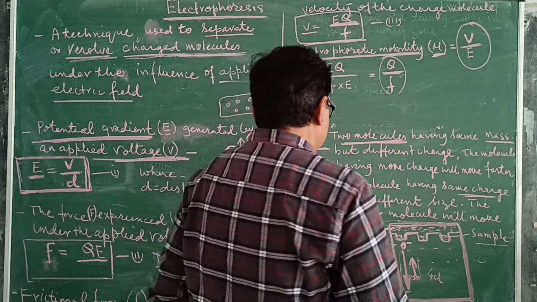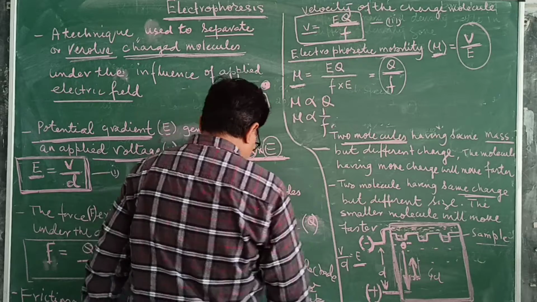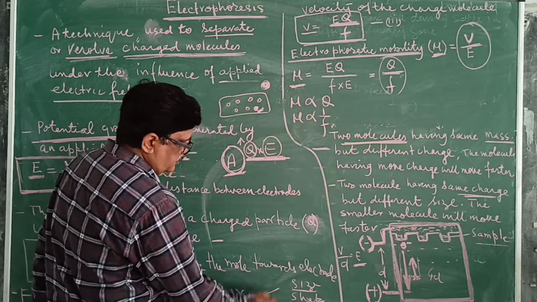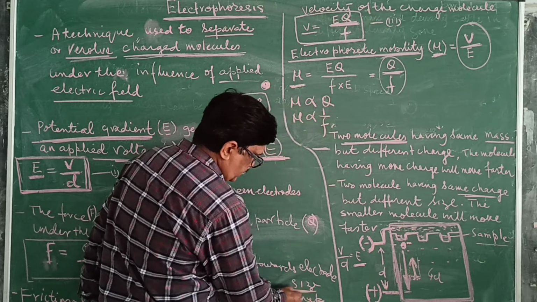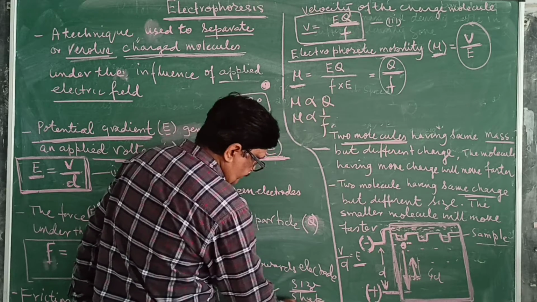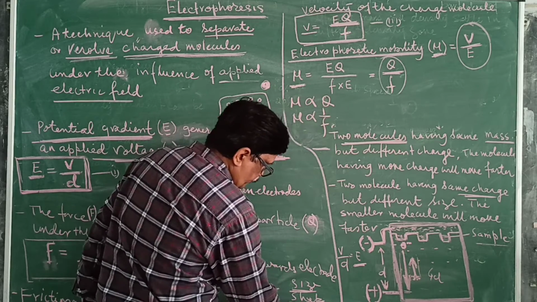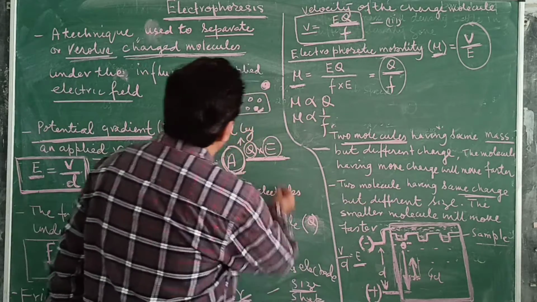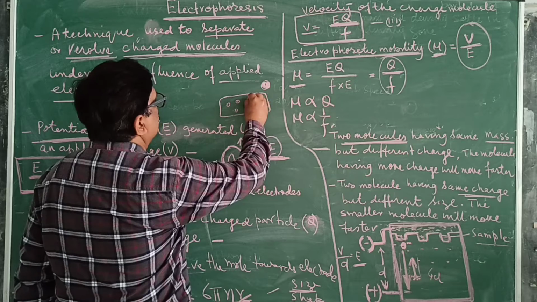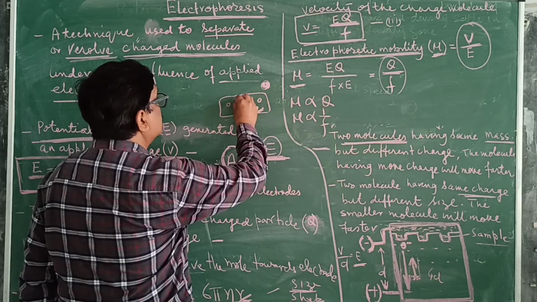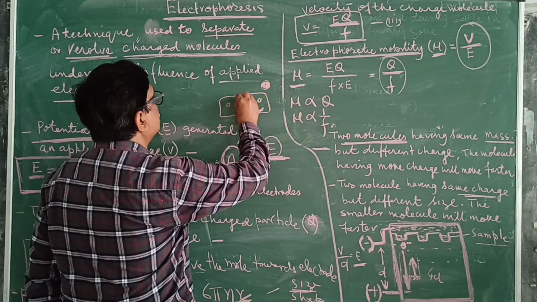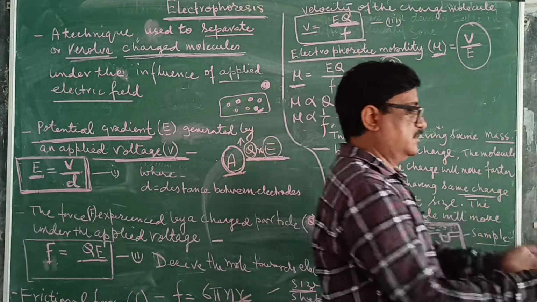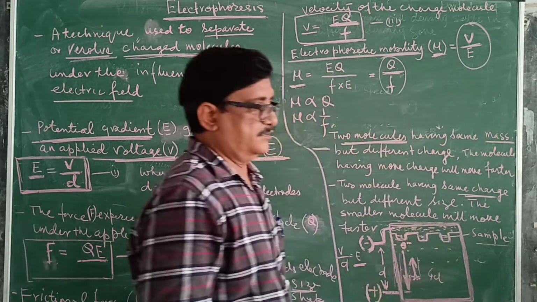Okay, so this friction force depends upon the size of the molecule, the shape of the molecule, and the pore of the slab. This slab is porous, having pores of certain size. That size of the pore depends on the concentration of the agarose or polyacrylamide in the slab.